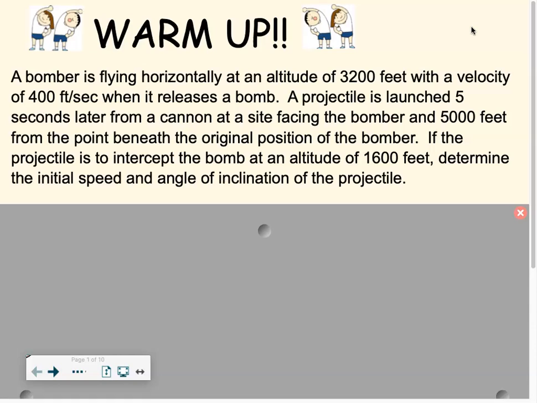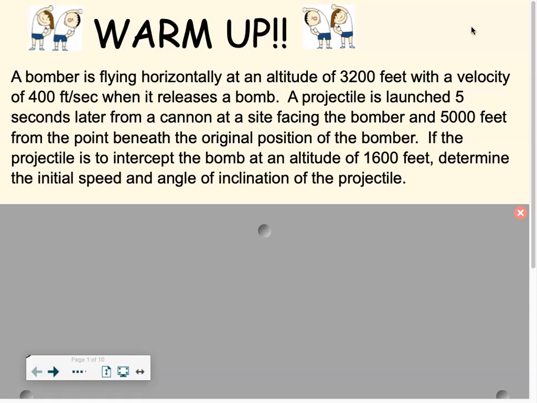What's the initial height? 3,200 feet, right? Do we know the initial velocity? Yeah. What would that be? 400 feet per second. Do we know the initial angle? Initial angle is 0. All right. So we know pretty much everything we need to know about the bomb, right?